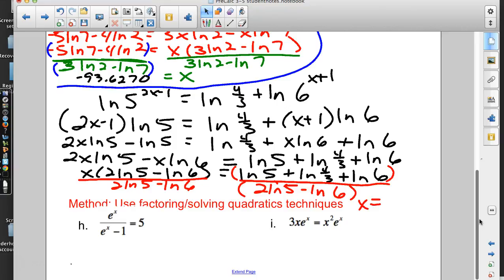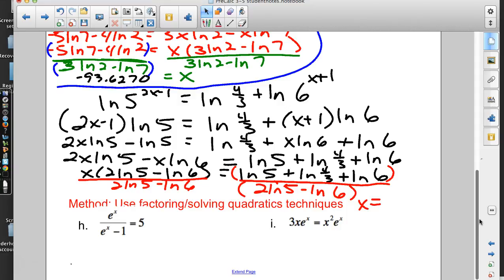There's a monster to punch in, huh? So let's see what we can do with this. Parentheses natural log of 5 parentheses plus natural log 4/3 parentheses plus natural log of 6 parentheses, divided by parentheses 2 natural log 5 parentheses minus natural log 6 parentheses.